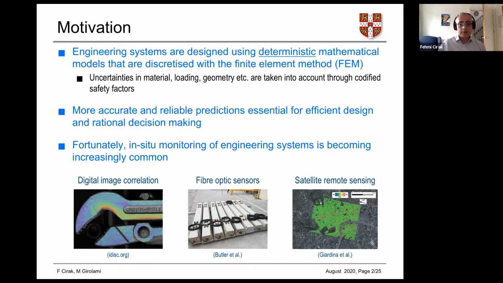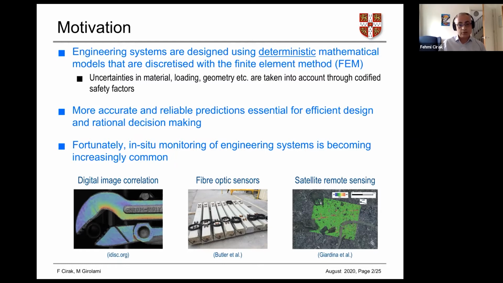Currently, the deterministic model does not take this into account in a first instance. But later, they are implicitly taken into account by using codified safety factors, which leads to over-dimensioning of structures. So if we want to design more efficient structures and make more rational decisions about their operation, we need more accurate and reliable predictions.